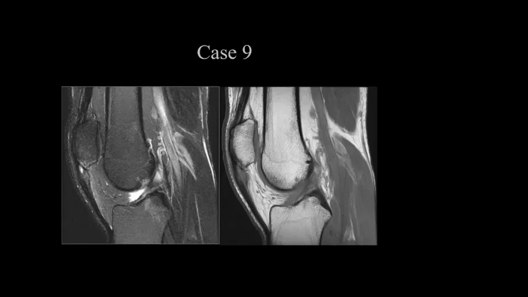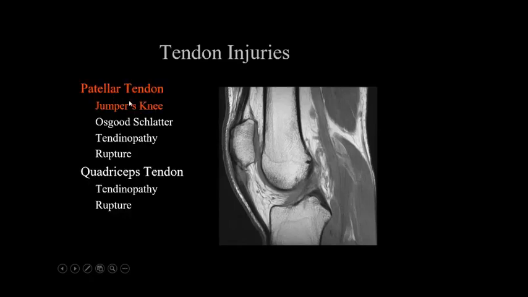Yeah, that's right. Actually, we're not really interested in the ACL right now because the history of this patient is anterior knee pain, and the changes are all here at the patellar attachment of the patellar tendon. So this is called jumper's knee. Jumper's knee is a condition that involves athletes or sportsmen who are involved in repetitive hyperextension of the knee joint, for example basketball, volleyball, soccer, and football.